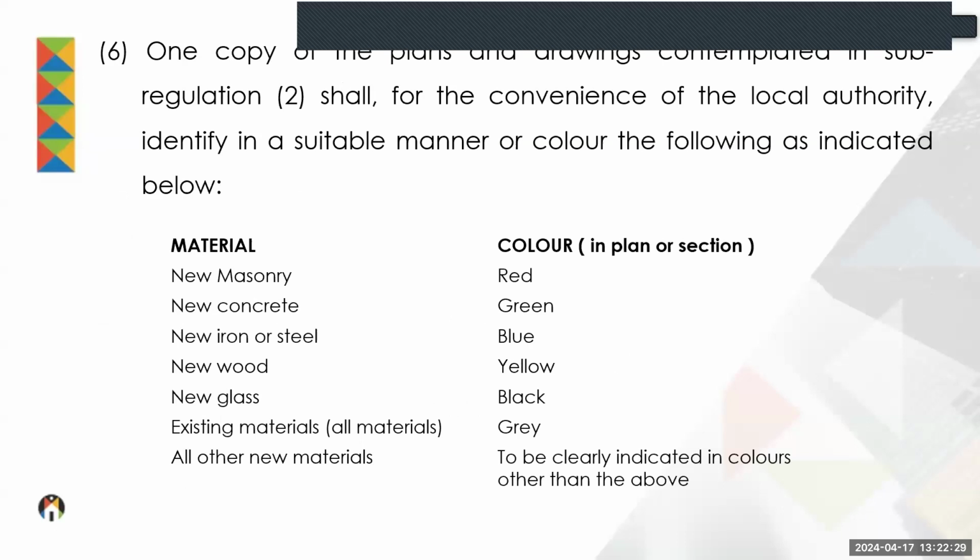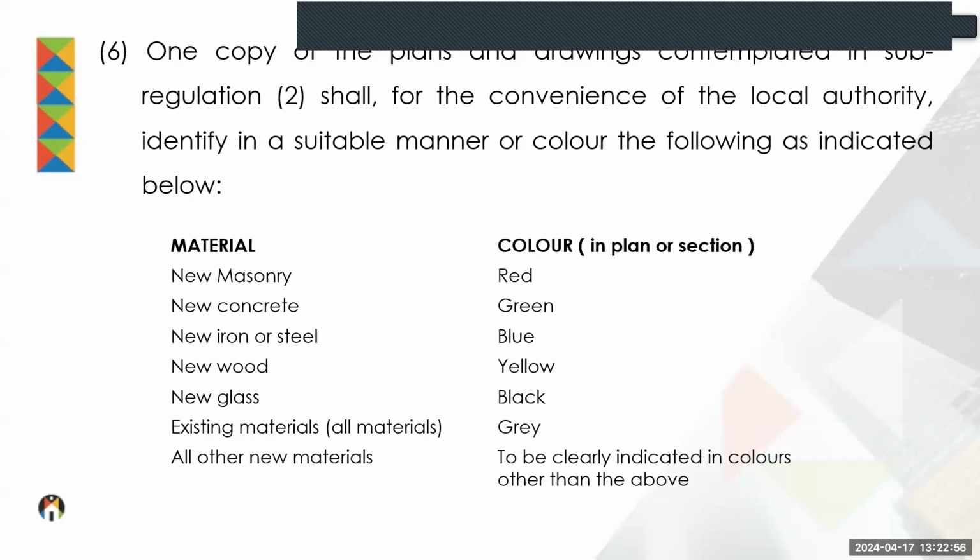The coloring of at least one copy of the plans that you submit. The colors that need to be done there. New masonry will be red, new concrete green, new iron or steel blue, new wood is yellow, new glass black, and existing materials all gray, and all other new materials clearly indicated in colors, apart from the colors that we mentioned already.